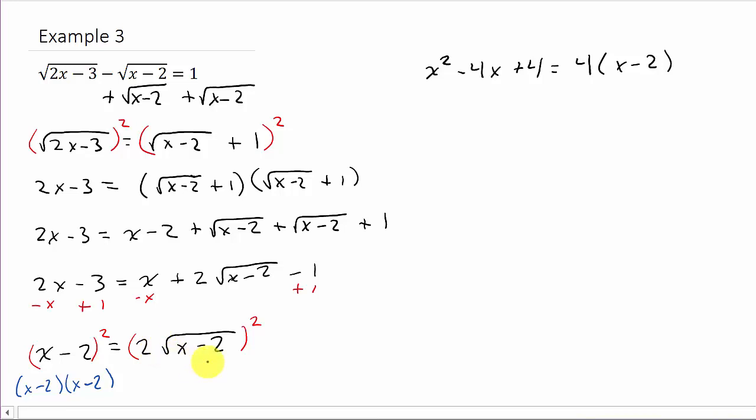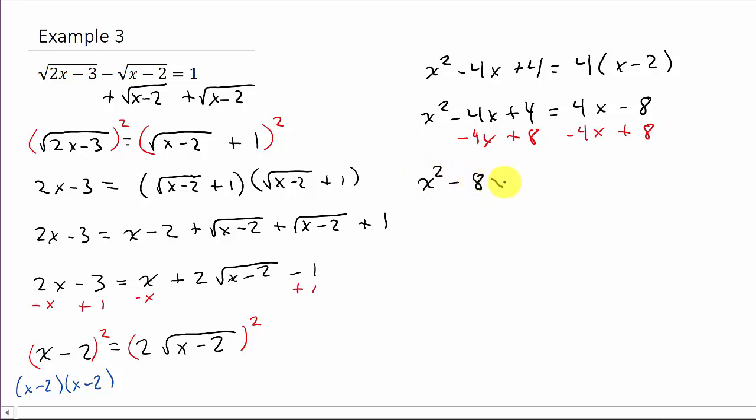Okay, alright, so now let's distribute the 4. So that's going to be x squared minus 4x plus 4 equals, and that's going to be 4x minus 8. Alright, so now let's subtract 4x to both sides, and let's add 8 to both sides. And so that's going to give me x squared minus 8x plus 12 equals 0.